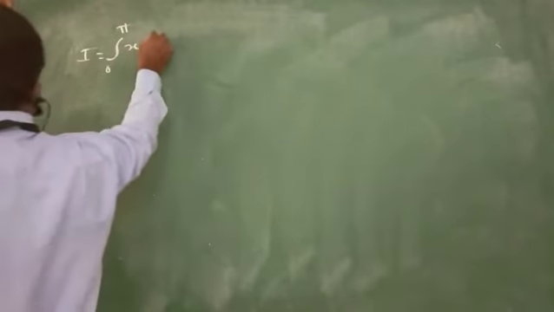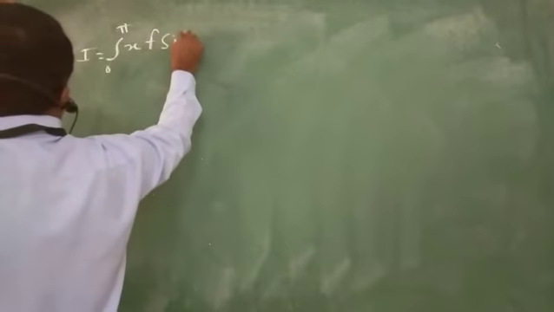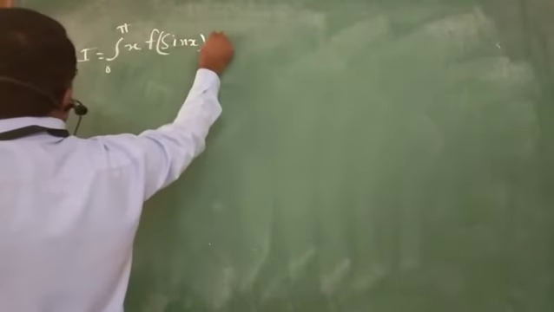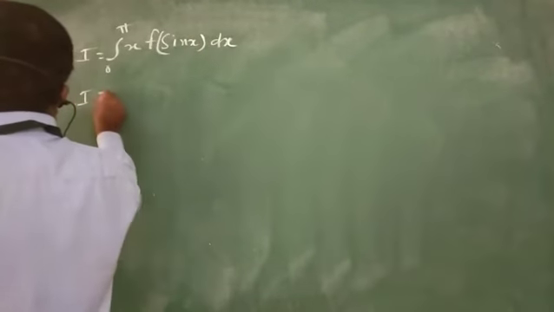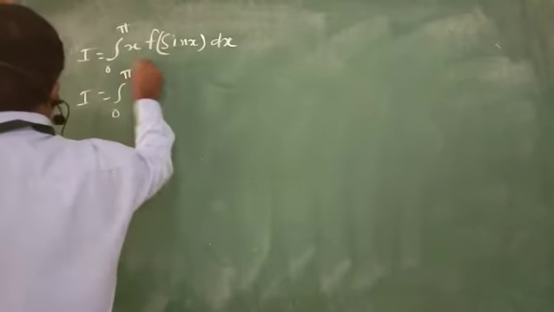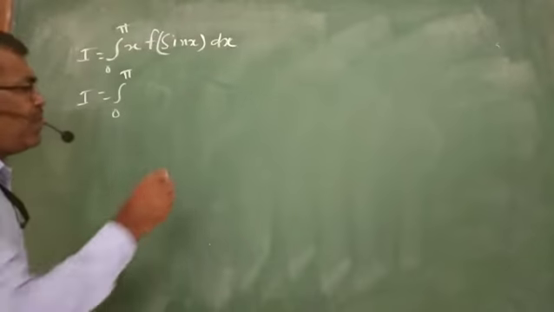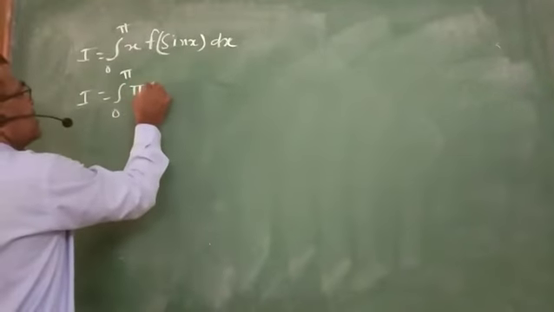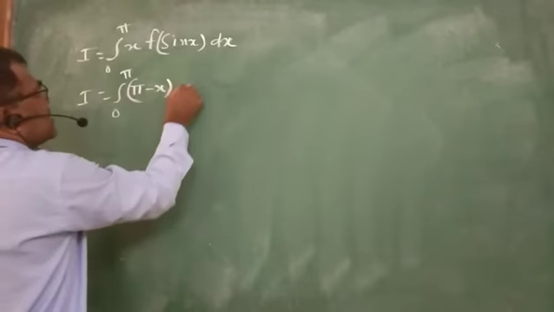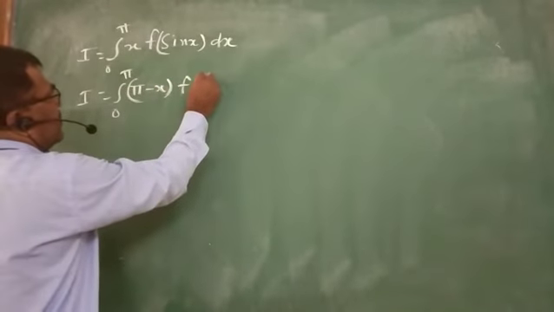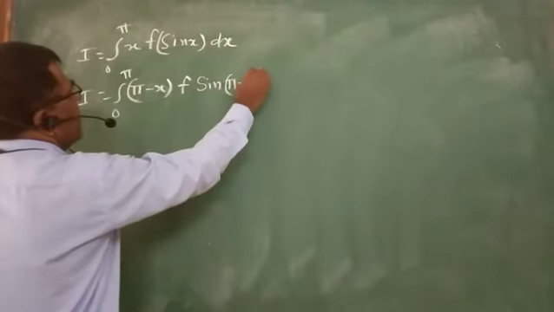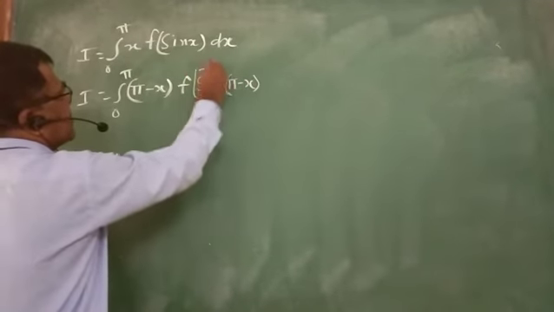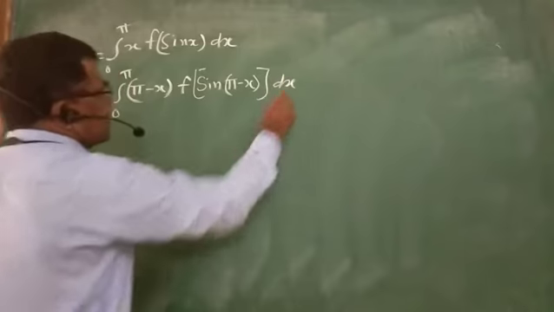x f of sin x dx equal to I equal to integration 0 to pi. We use property a minus x, that is pi minus x f of sin pi minus x dx.